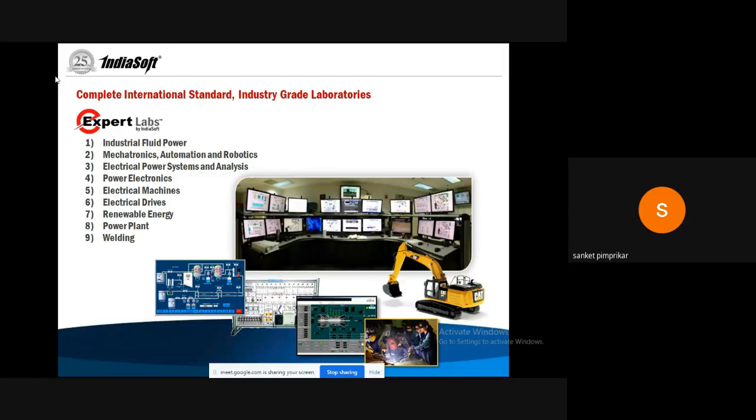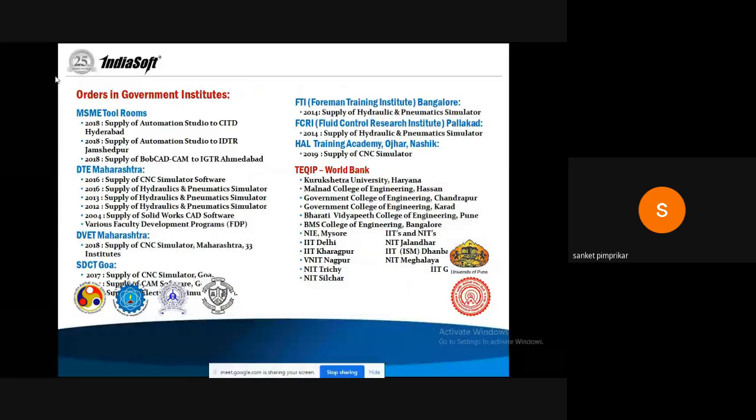Then we have a welding turnkey lab, which is a dedicated welding lab where the simulator is there and all the machines are there. These are some of our credentials. We have worked in MSME tool rooms with DTE and DVET, Maharashtra, Goa, with BOS, Board of Studies, then FTA, FCRA, HAL, in MSME Corporate, then TAKIP World Bank, we have given some of our service there.